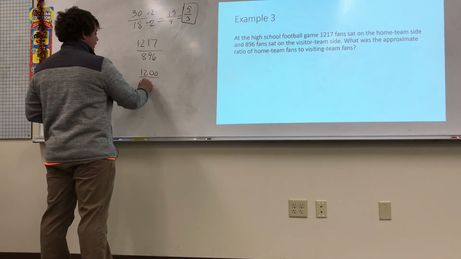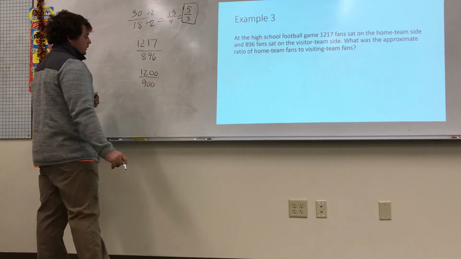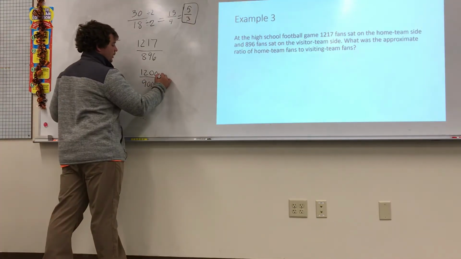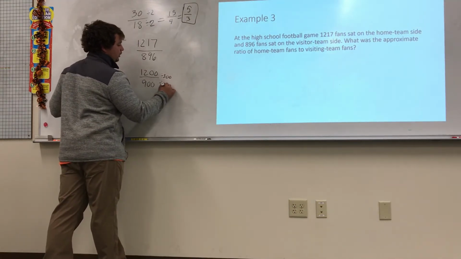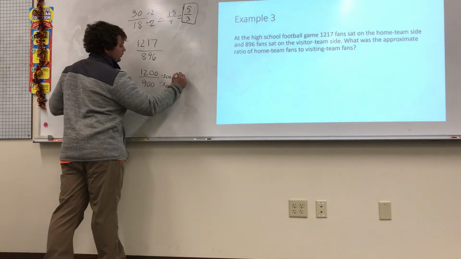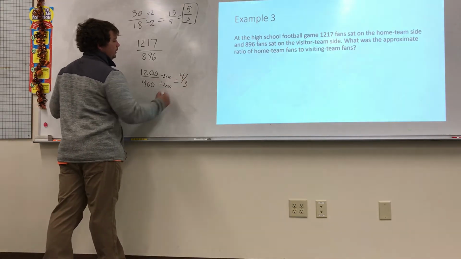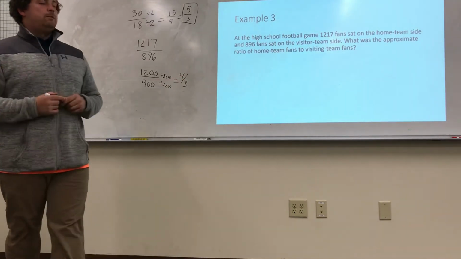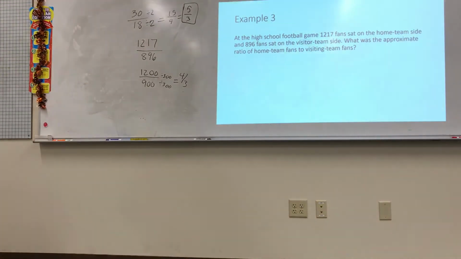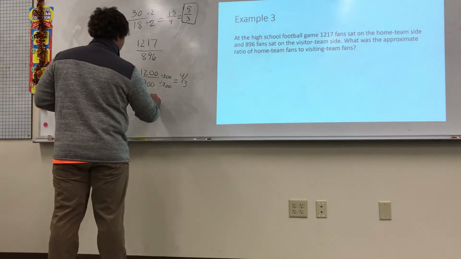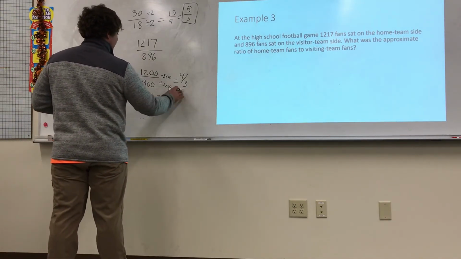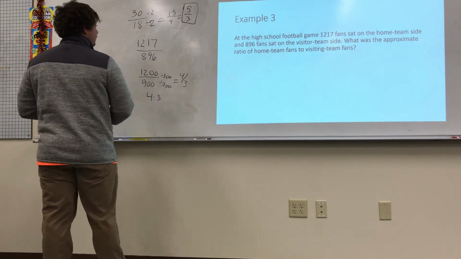This was about 900. Okay, I can take out about 300 out of both of these, which then would leave me with 4 over 3. So, the home team had about 4 fans to every 3 fans that our visitors had. And once again, you can write it like this. You can write it that way.